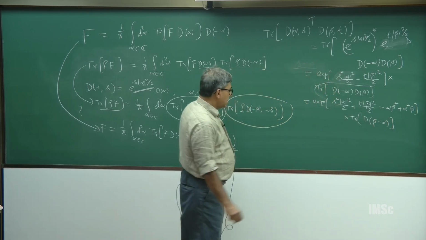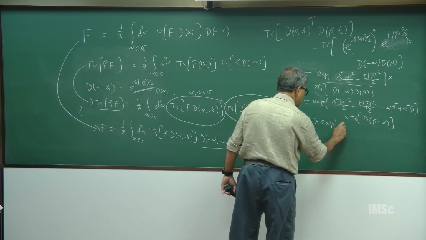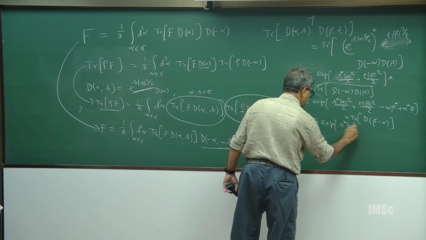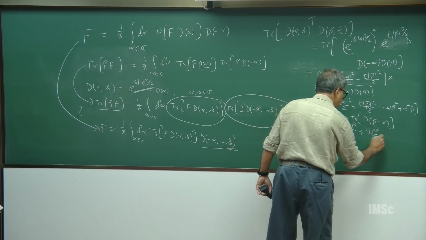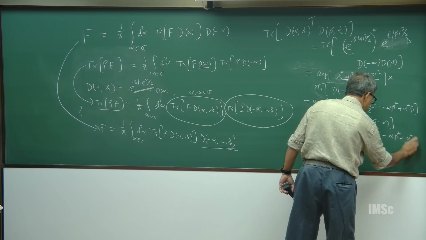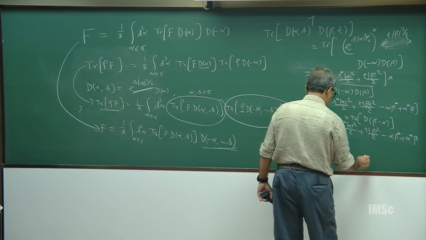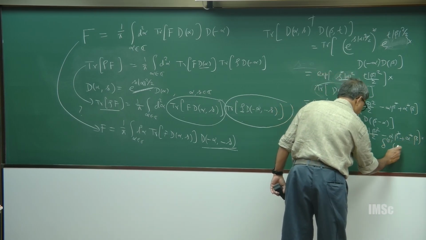This is pi times exponential of s star mod alpha square by 2 plus t mod beta square by 2 minus alpha beta star plus alpha star beta, multiplied by delta 2 of alpha minus beta.